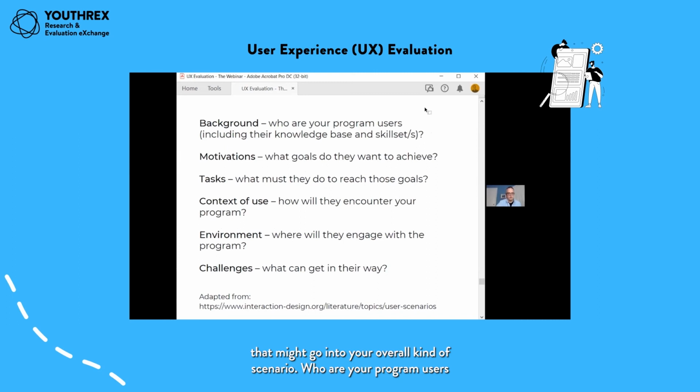Who are your program users, including their knowledge base and skill sets? What goals do they want to achieve? Some of these are already in our persona. What must they do to reach those goals? How will they encounter your program? Where will they engage with the program? And what can get in their way or stop them from joining?